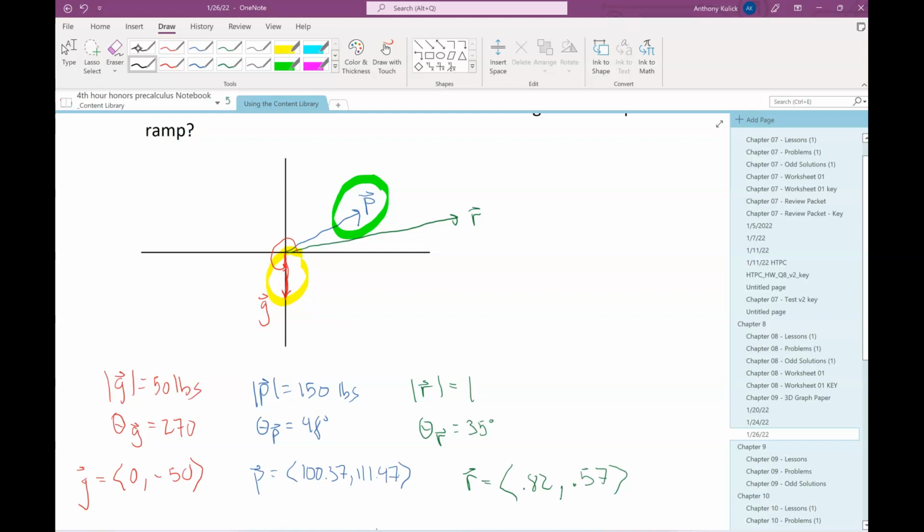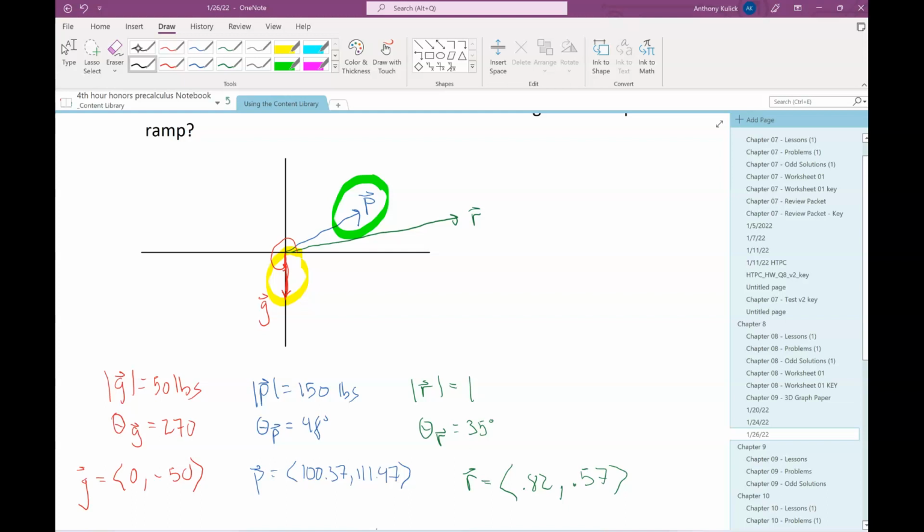So the projection of gravity onto the ramp is going to be like a negative force. Oh, okay. And the projection of the pull that you're pulling up the ramp, the crate should be moving up. So that force should be positive. When you do the magnitude of the projections, they're going to both give you positive numbers, but you have to end up subtracting them, which is the not obvious part.